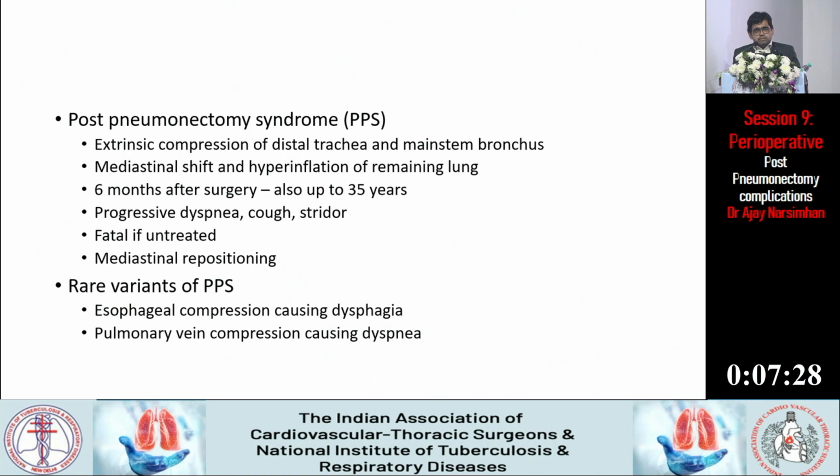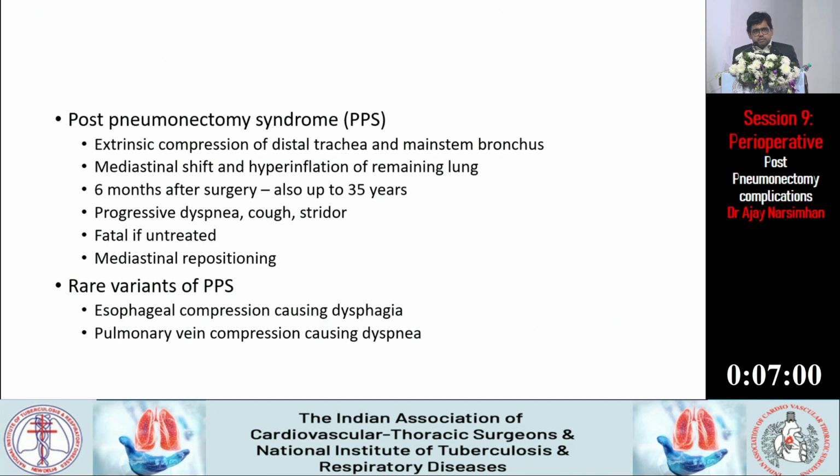And post-pneumonectomy syndrome is a very, very important topic for the postgraduates. Extrinsic compression of the distal trachea and main stem bronchus and the mediastinal vessels also, mainly due to the mediastinal shift and hyperinflation of the remaining lung. It can occur up to 6 months after surgery and has also been reported up to 35 years after surgery. It presents with progressive dyspnea, cough, stridor, and is fatal if untreated.